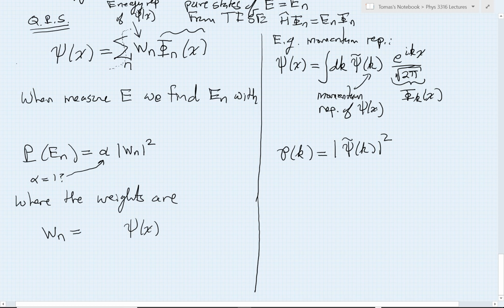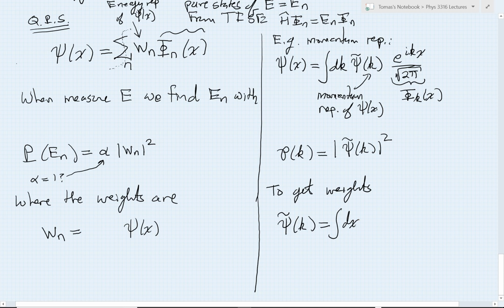Now, again, to draw inspiration of how we might calculate this, we can always ask ourselves what was the behavior that we saw in the momentum representation. So in the momentum representation, the way we got the weights there was, in order to compute the momentum representation of my wave function, I hope you remember the way we did that was actually to invert the Fourier transform. We use the inverse Fourier transform theorem, which looks like this.